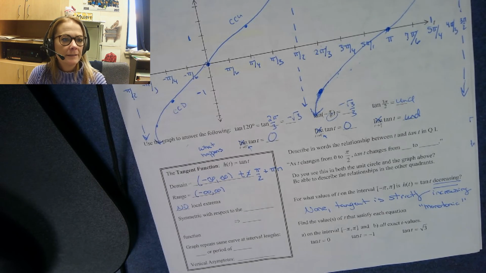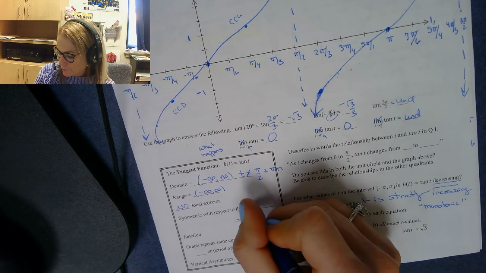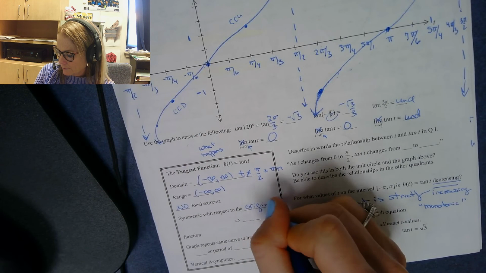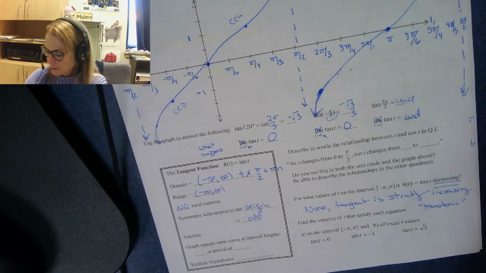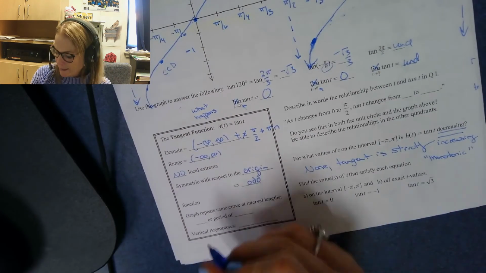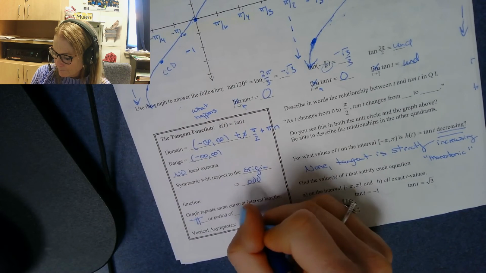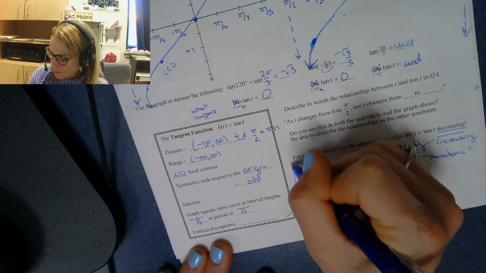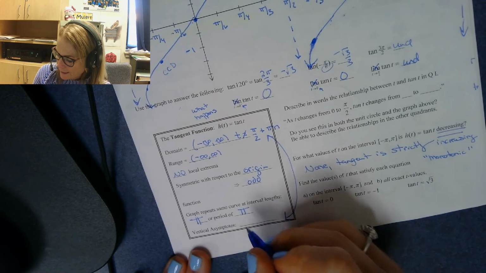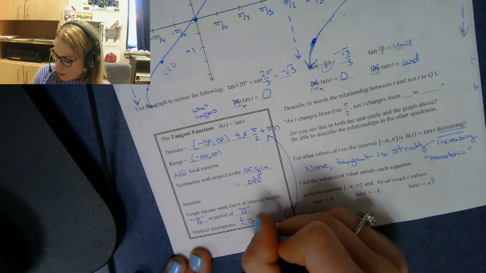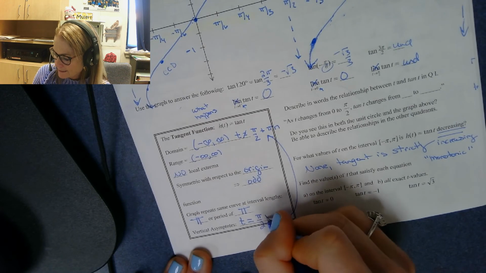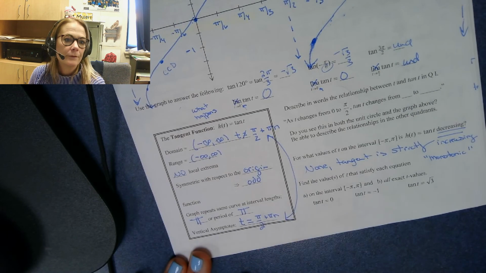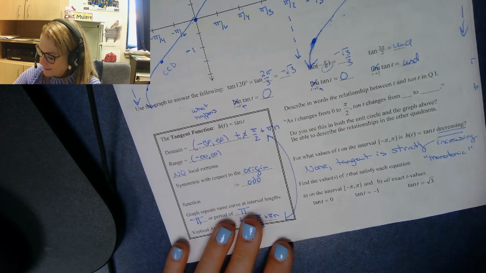You can see we're symmetric with respect to the origin. That's odd. We already talked about that in our identities. We repeat every pi. Your vertical asymptotes will always be the same as the domain restriction, except you'll say what they are instead of what they are not.